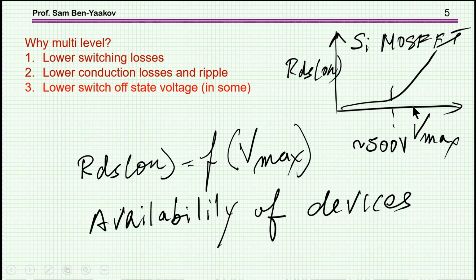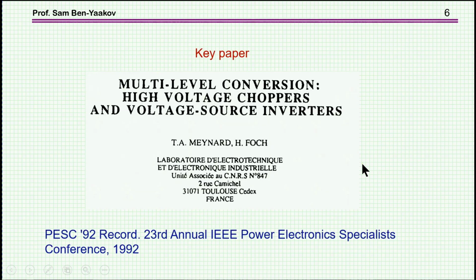The higher the blocking voltage, the higher the RDS on, and in fact there is some breakpoint here for the case of silicon. And therefore you'd like to use a device which has a lower blocking voltage, because the RDS on will be lower. So therefore this is another advantage, which is also lowering, of course, the losses due to the lower RDS on.